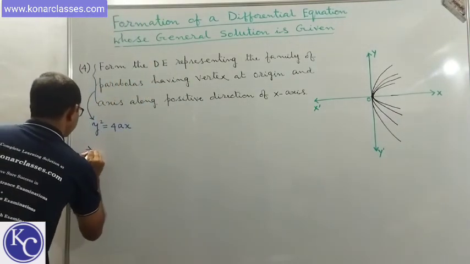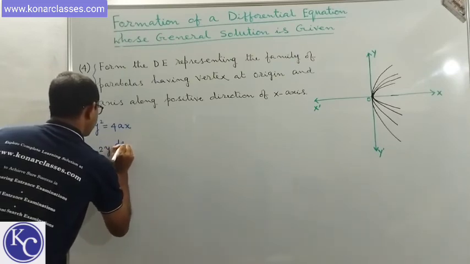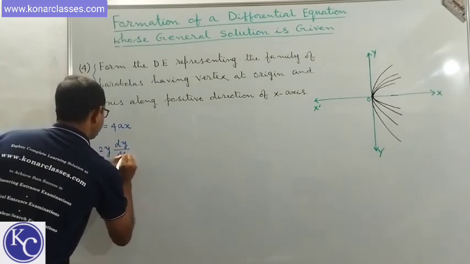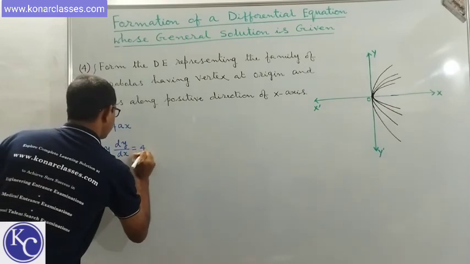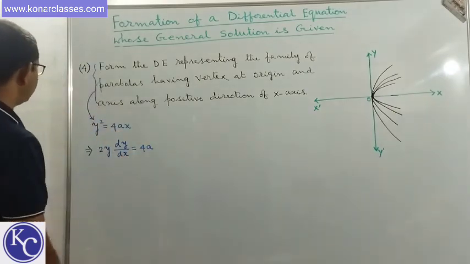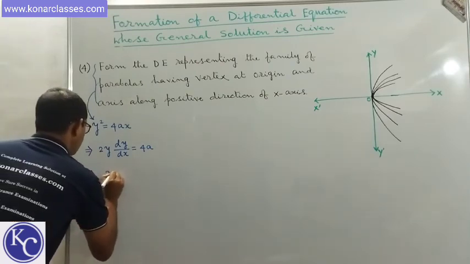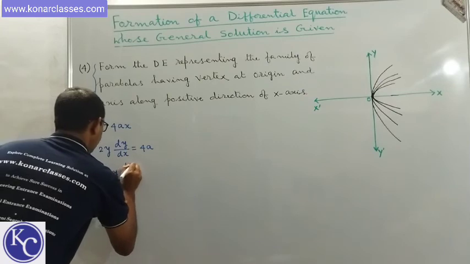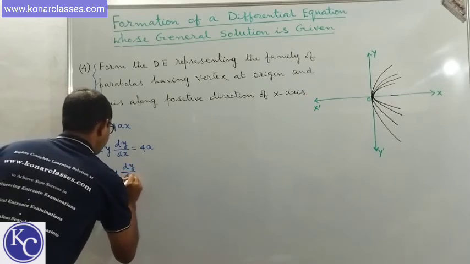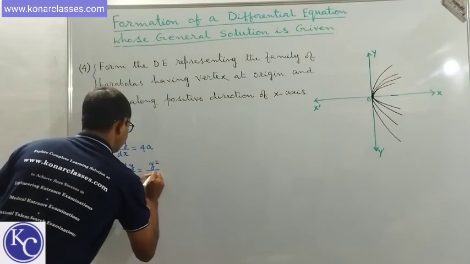How to do this? Let us differentiate with respect to x. So 2y dy/dx is equal to 4a. Now what is the value of 4a? The value of 4a is equal to y square by x. So from here what we can write? 2y dy/dx is equal to y square by x.